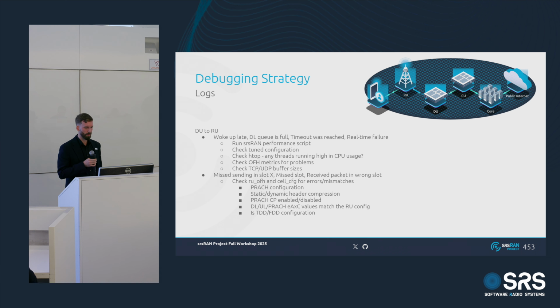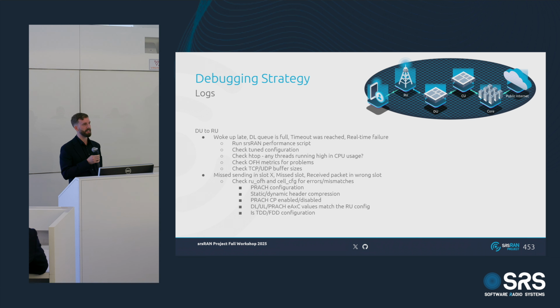Then you could maybe also see packets like missed sending in slot, missed slot, or received a packet in wrong slot. This is usually due to the configuration between DU and RU. So make sure that the PRACH configuration is correct. The header compression is something people sometimes get wrong.